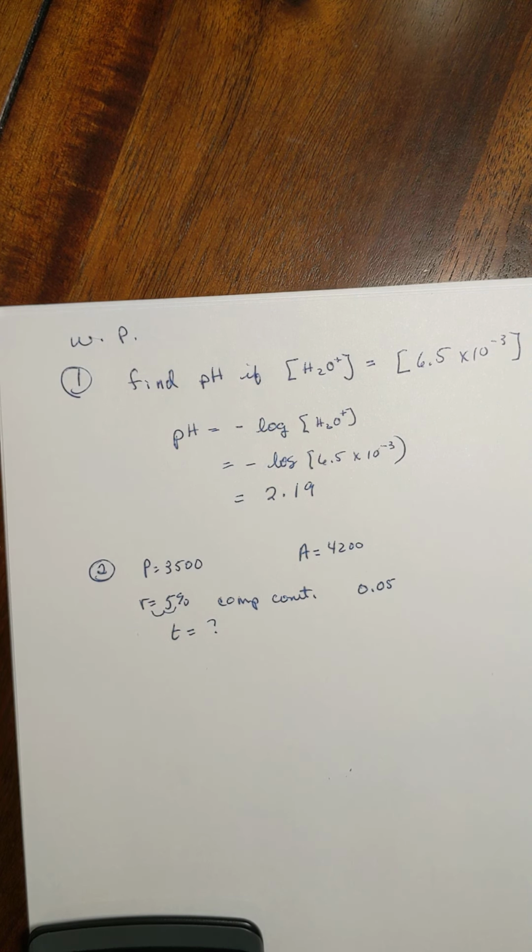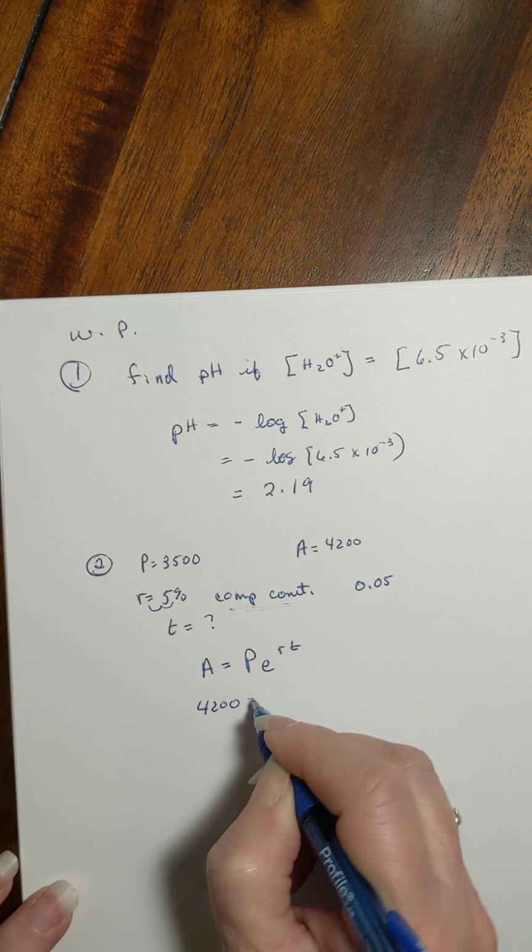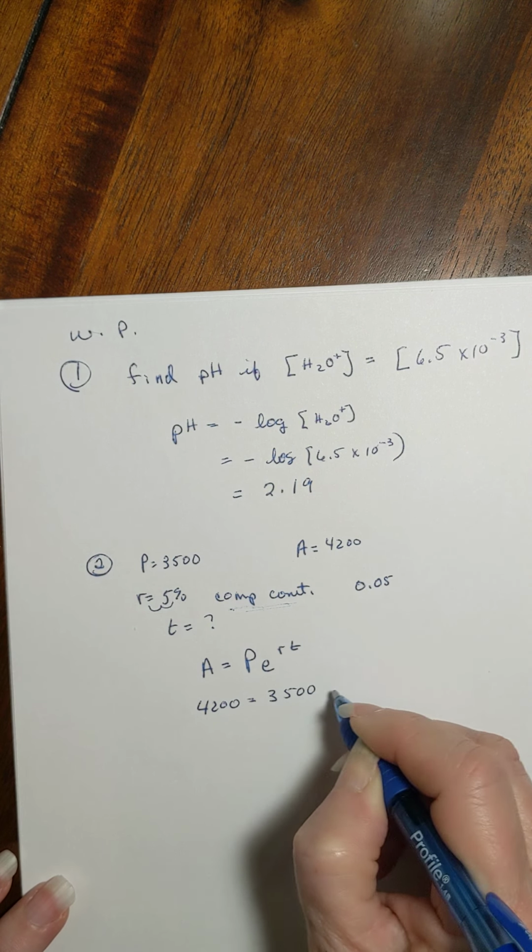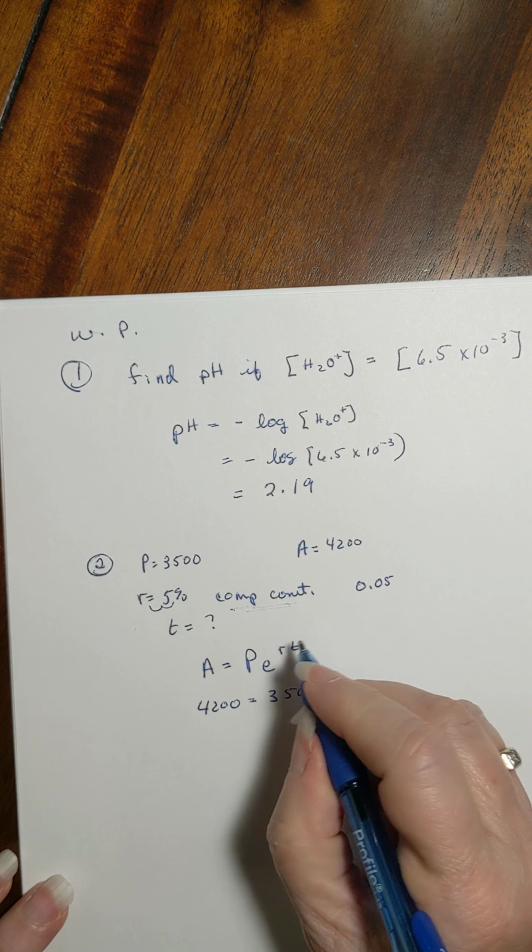You move it over two decimal places. Now, whenever it says it's compounded continuously, then that tells you that you're using A equals P e to the rt.